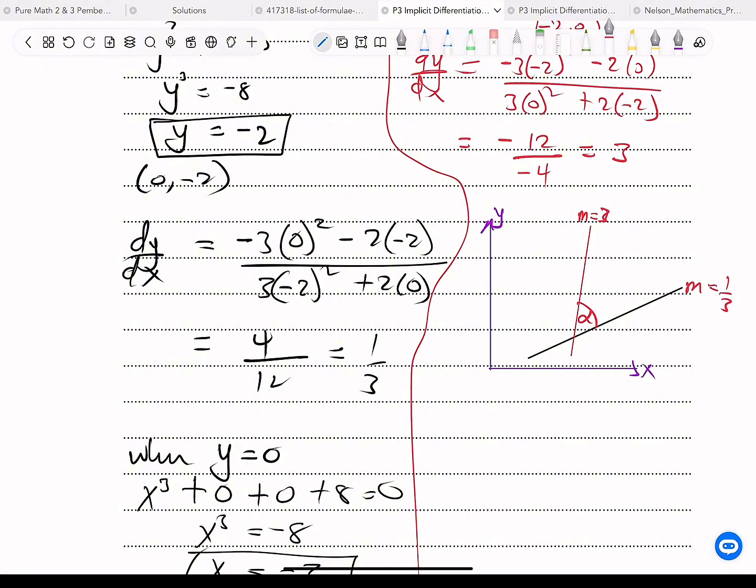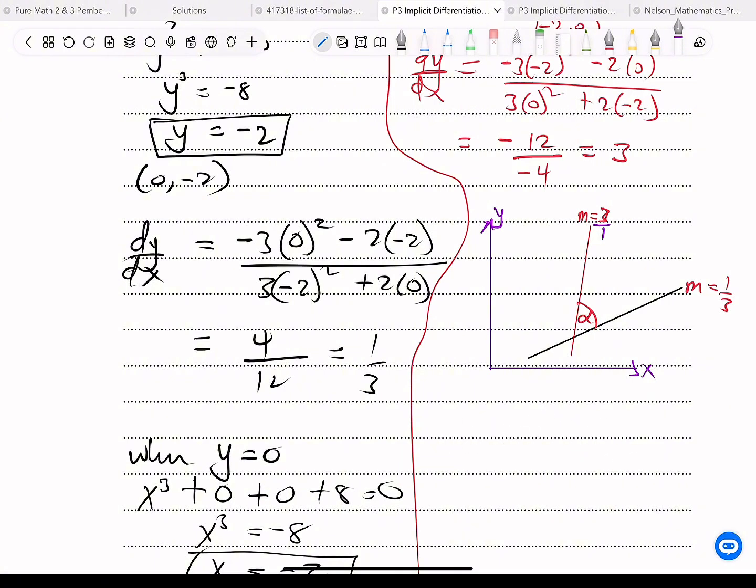Now, mind you that every gradient is rise over run. Or let me write it somewhere here so that we erase later on. Every gradient is rise over run. Okay, so if you have a gradient of 3, it means it's 3 over 1, and this one is already 1 over 3, so no problem with that.